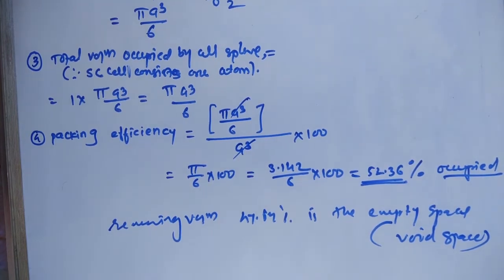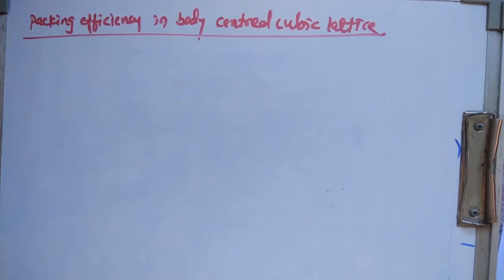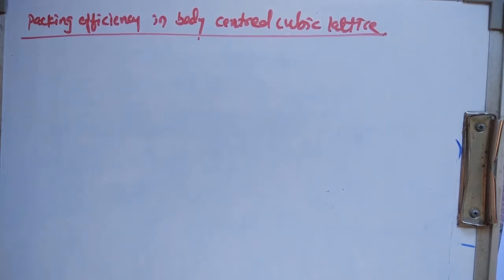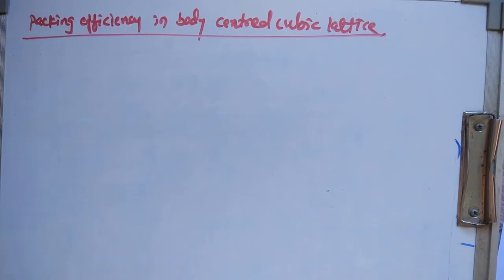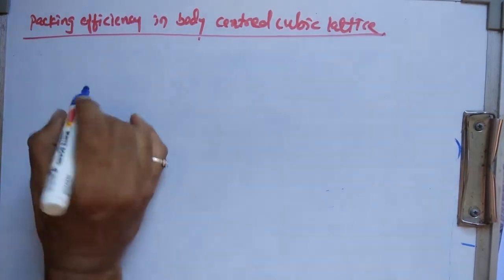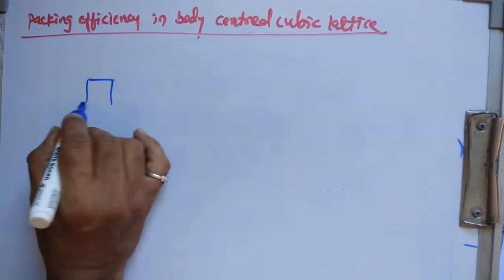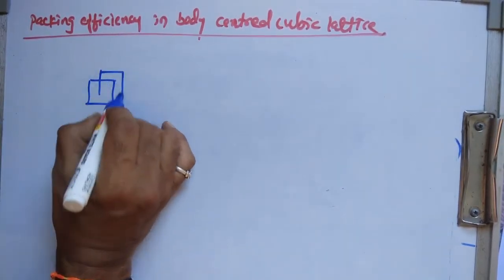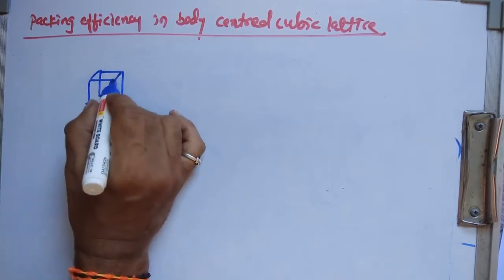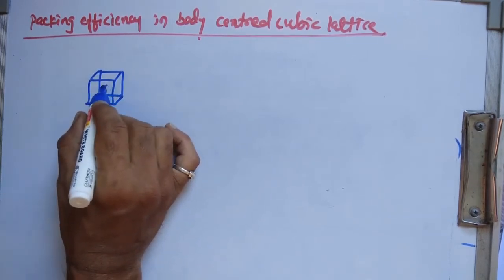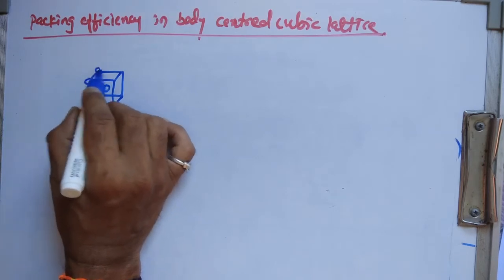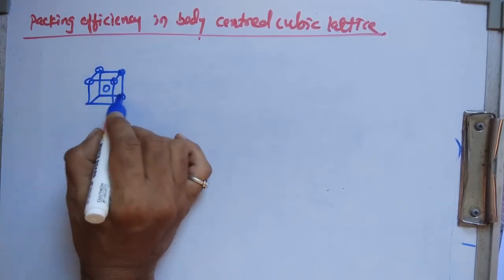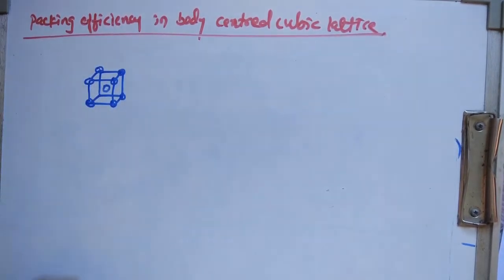Okay, now let us see the packing efficiency in body centered cubic lattice. Okay, now body centered cubic lattice. In body centered cubic lattice, one atom is present at the center of the body of the cell along with the 8 corners, is it?